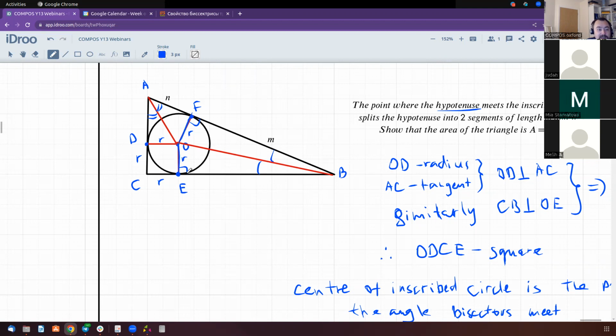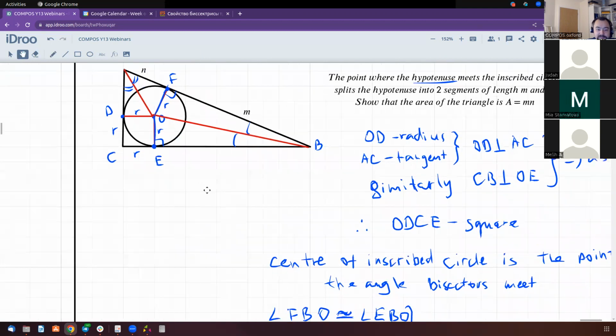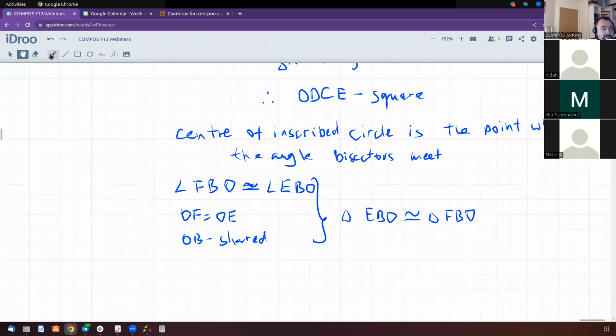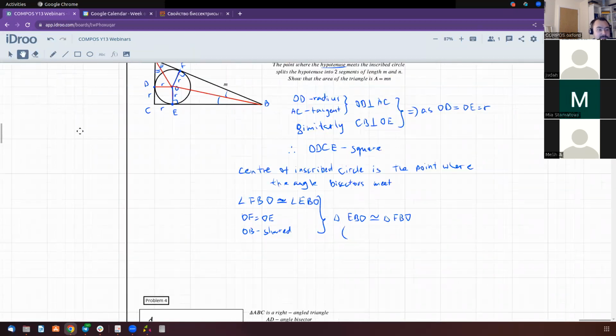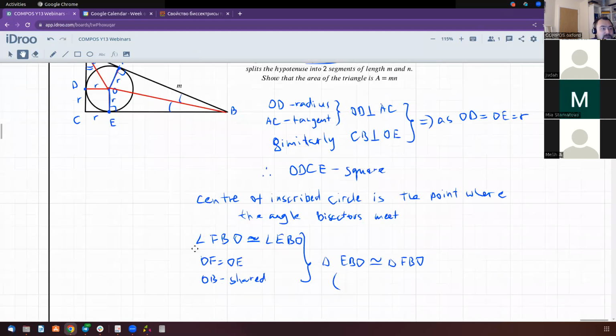So you have side angle congruency. Okay, side angle congruency. And from here, this is again side angle. Side angle congruency.